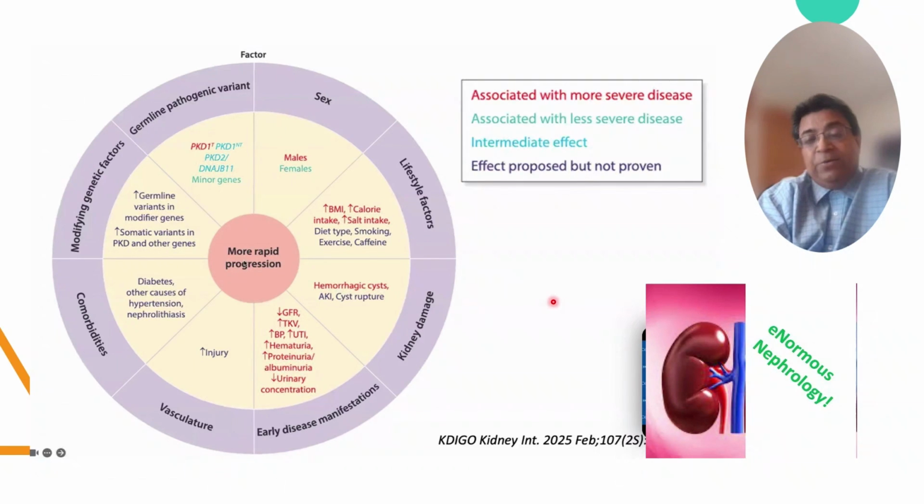These are definite risk factors and indicators of a poor prognosis. Factors that are associated with less severe disease are things like gender and certain genes. And then some effects are proposed but not proven, such as diabetes and nephrolithiasis, smoking, caffeine, etc.